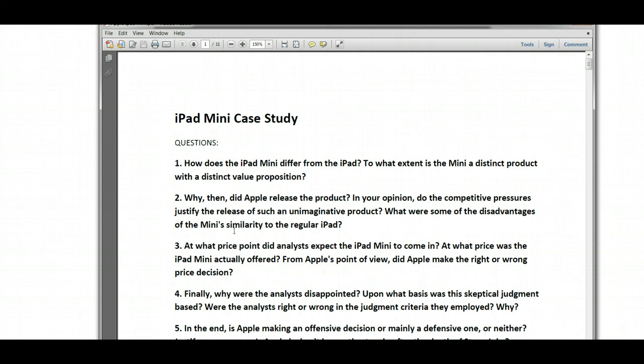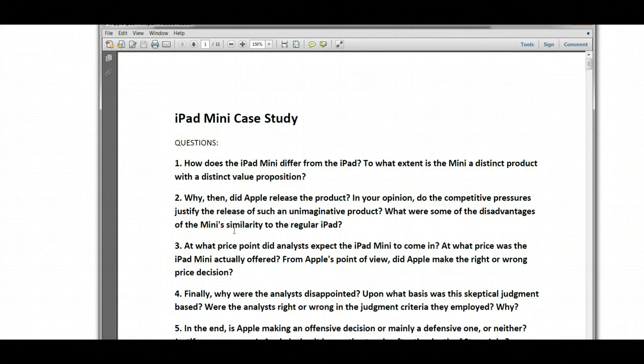The basic strategy here is they look at the success of the Kindle Fire and the Nexus 7, and they say, listen, clearly people want a smaller, more portable device, and we're not offering it, and we're losing out to these competitors. So let's make it. And much of this decision may have been held up by Steve Jobs at one point, but now that he's not around, it's easier to make decisions like this.